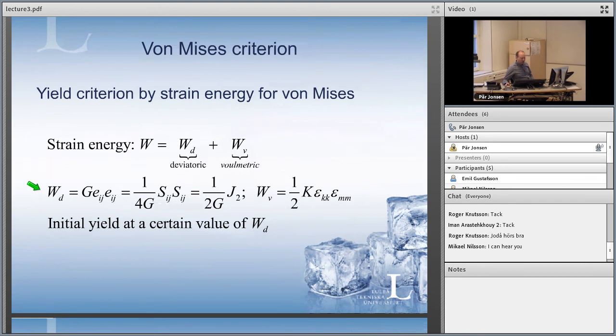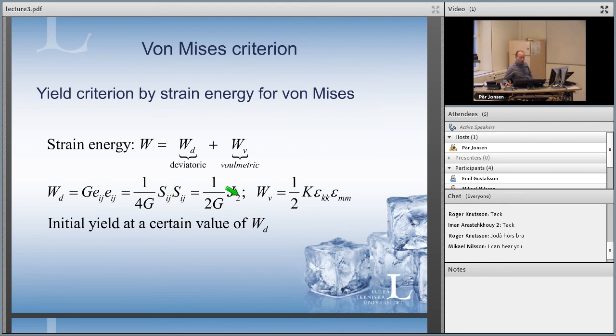You don't always have to look at stresses to find yield points and so on. You can also look at strain energy, because when you deform something in any way, plastic or elastic, you will have strain energy. For the von Mises model, you can divide it into deviatoric strain energy and volumetric strain energy.